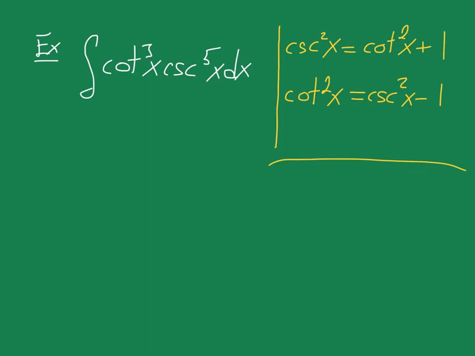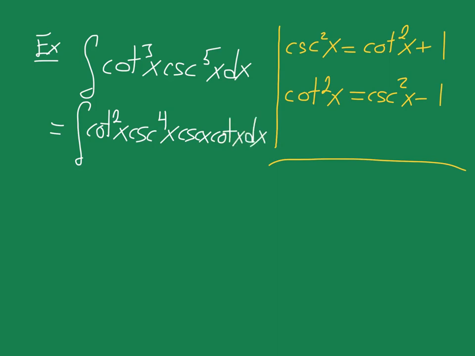Okay, so this is then equal to the integral of cotan squared x times cosecant to the fourth x times cosecant x cotan x dx.